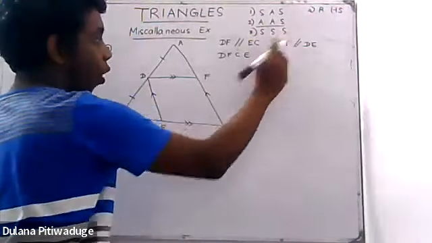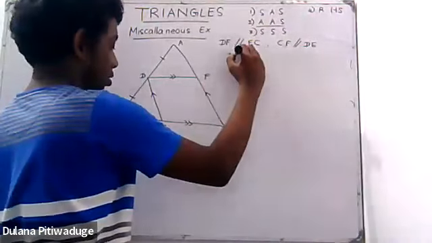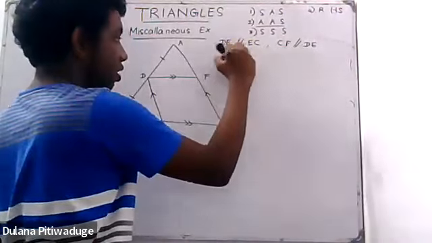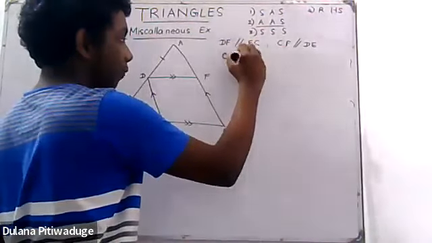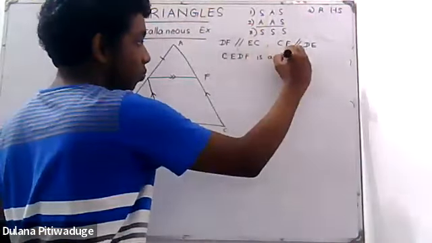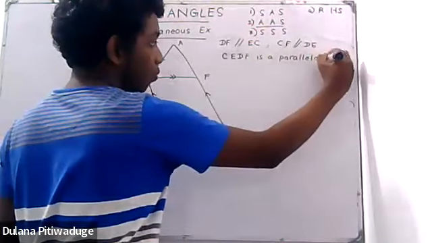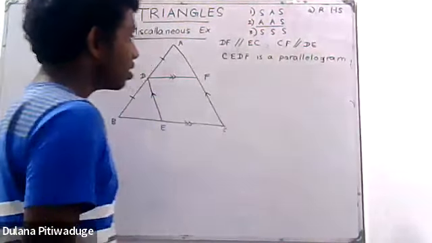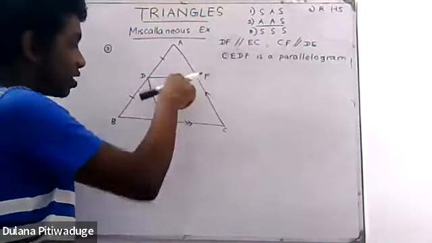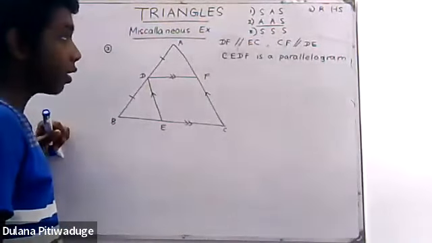If opposite sides are parallel, let's consider CEDF. CEDF is a parallelogram when opposite sides are parallel. This side is parallel to this side, and this side is parallel to this side. Then definitely CEDF is a parallelogram.